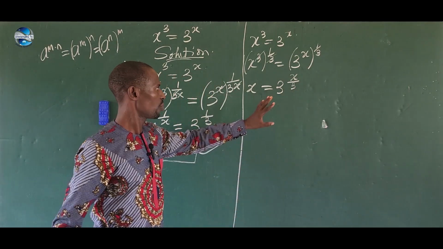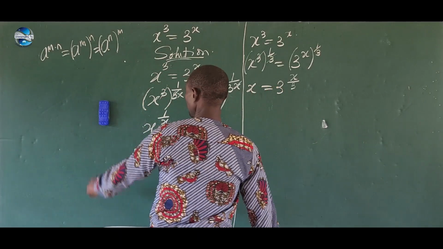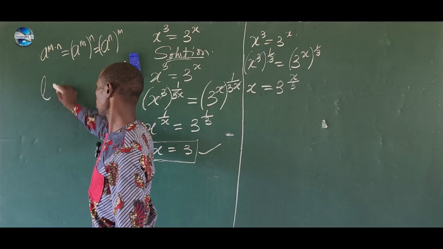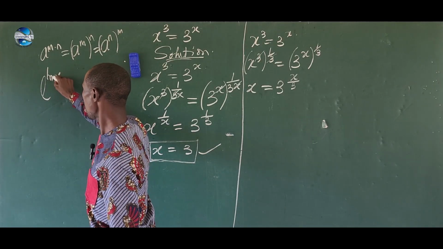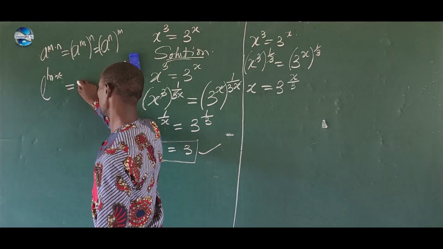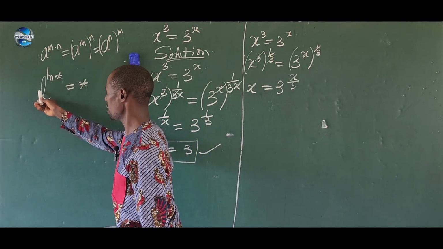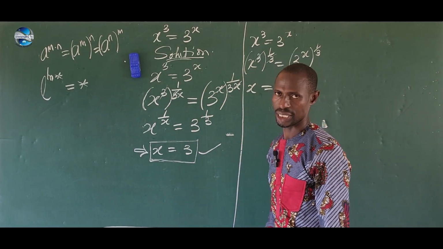Good. I just want to rewrite this expression here, applying a rule which says that if you have e raised to the power of ln of a star, this is equal to your star. Because this is ln base e, this e will cancel out the ln.